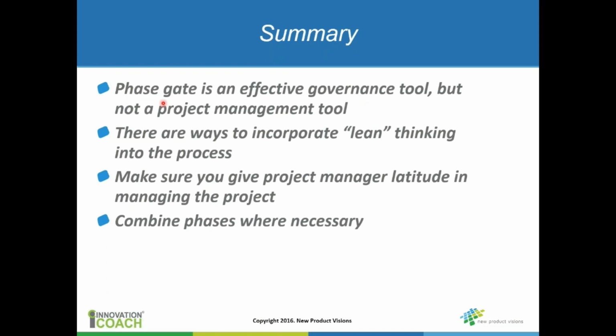But the specific project management tool that you're going to use, whether it's the Lean tool or a simple Gantt chart or Scrum for software development or other types of tools, are really going to be dependent on the risk of the project at that particular point in time.